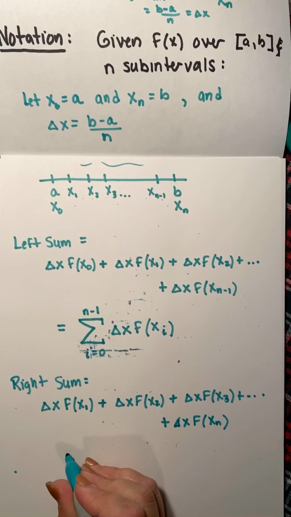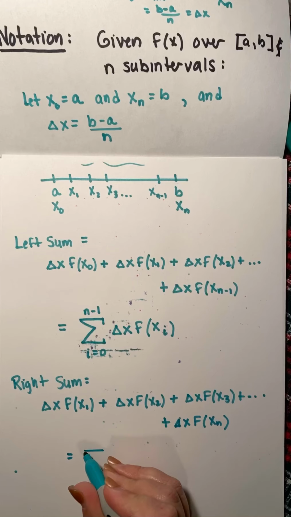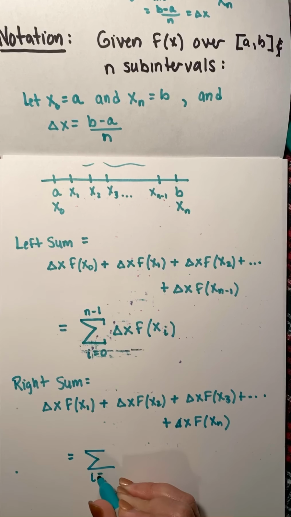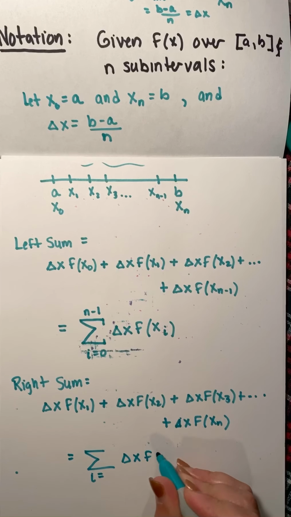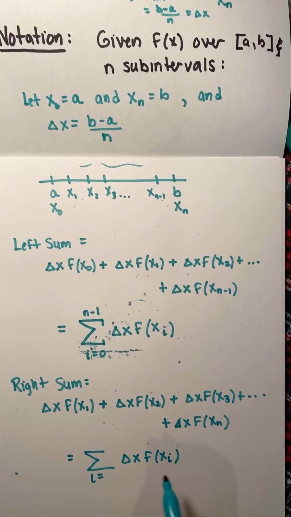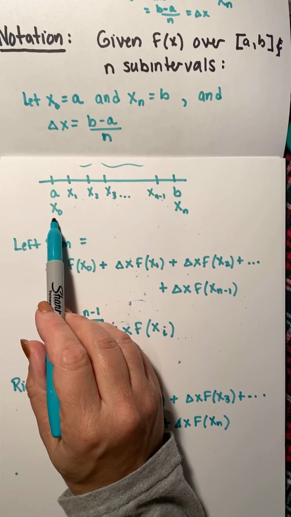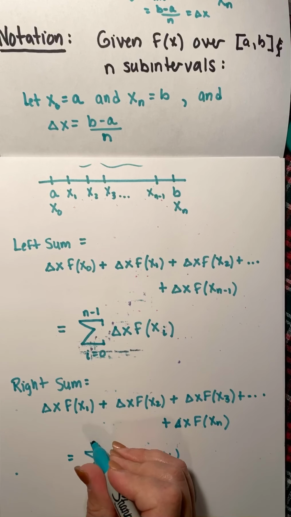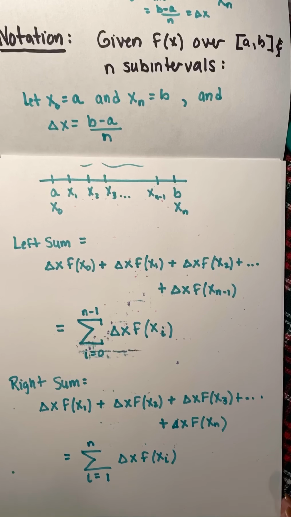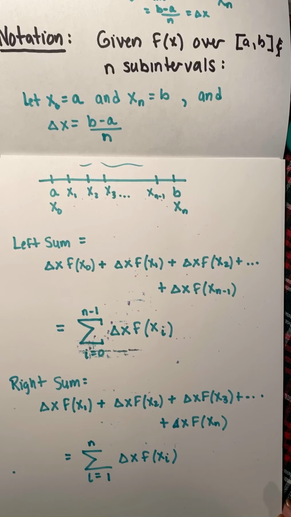And then we're going to use our sigma notation. i equals, well, this time we have delta x, and we're putting in different values of the function, but we're not starting at the left endpoint this time. We're going to start at the one right next to it. So we're going to start with 1 and go all the way to the rightmost endpoint. So this is just a formality. We definitely talk a lot more in detail about this in Calc 2.